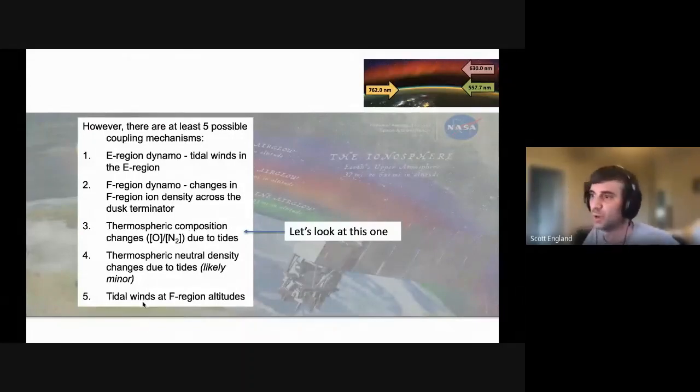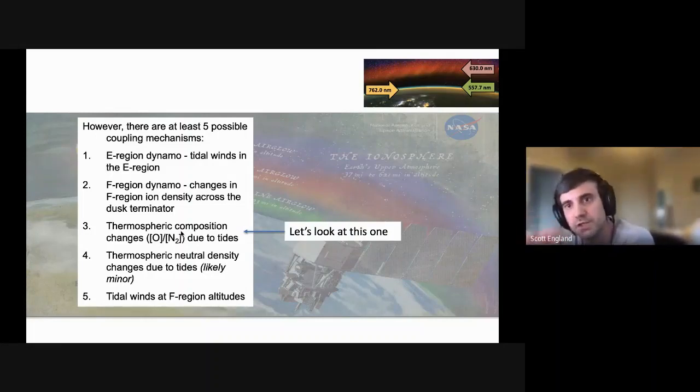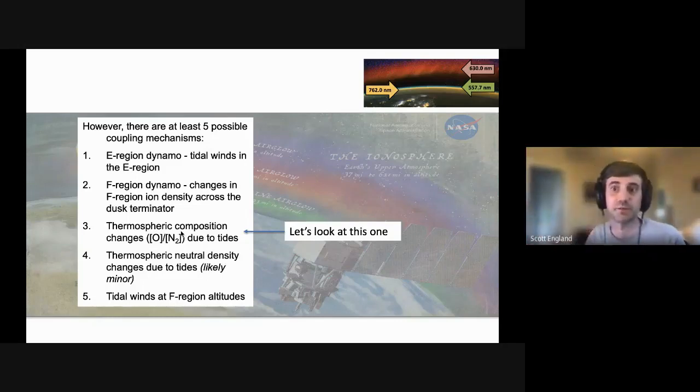And there was this final one: what about changes in the thermospheric composition, especially this ratio of oxygen to nitrogen in and around that region where we're producing a bunch of the plasma? Because if we're producing O+, the more oxygen that's around, that's going to help with O+ production. And the main loss mechanism for O+ is collisions with N2.